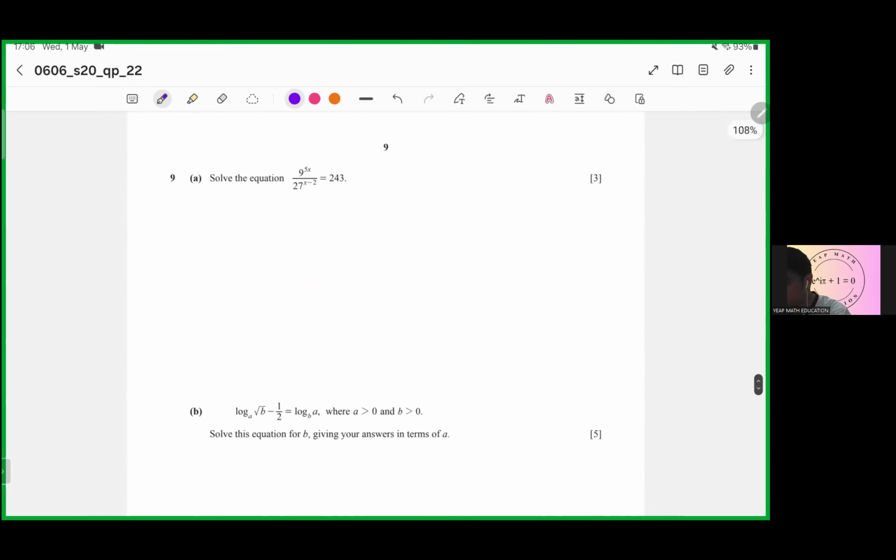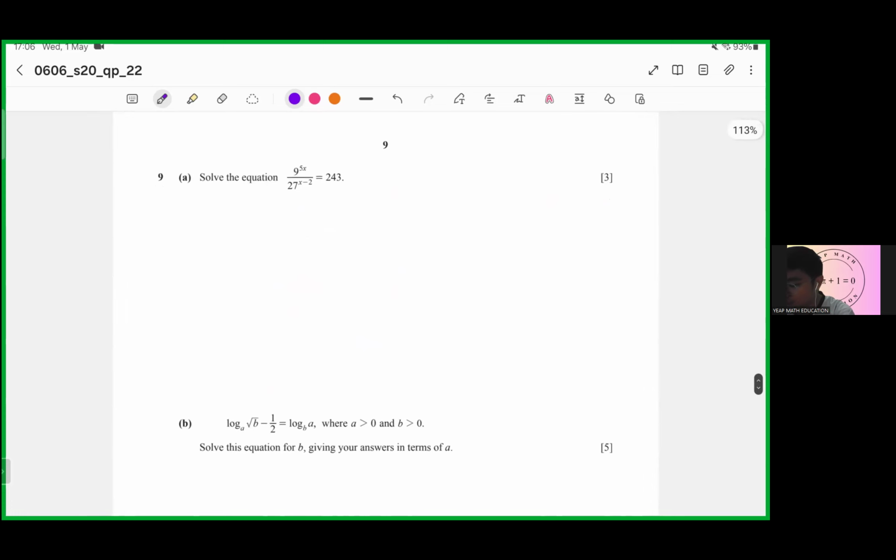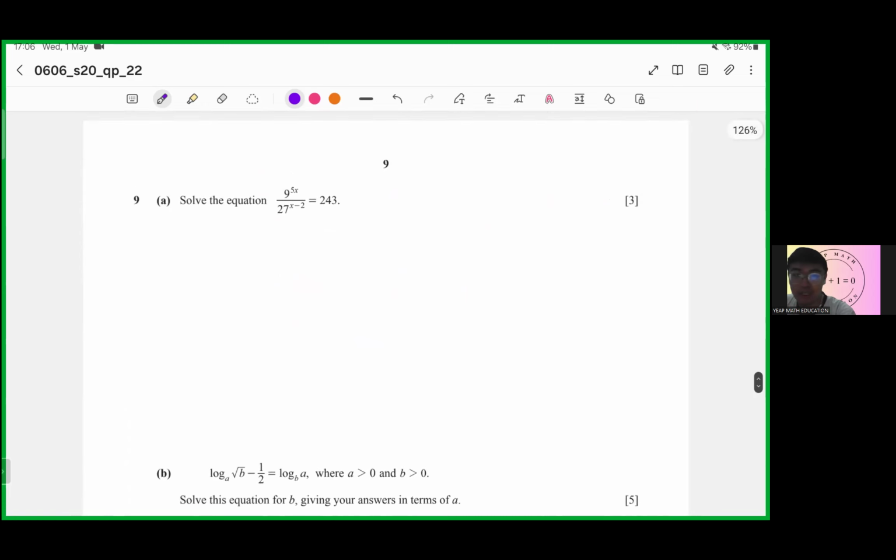Now we look at the next question. Solve the equation 9 power 5x over 27 power (x minus 7) equals 243. We can use base 3. So 3 power 2 times 5x over 3 power 3 times (x minus 2) equals 3 power 5.